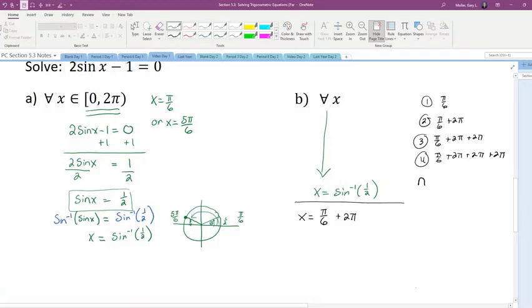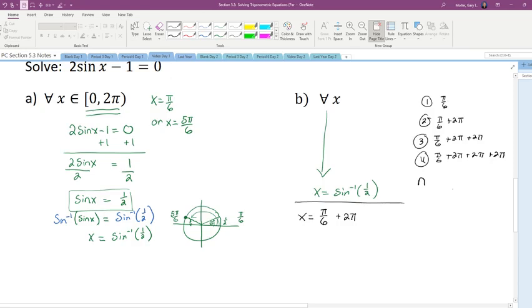So notice what we have here. We've got a little pattern forming. We went around, we got to pi over 6. For my second answer, I added a 2 pi. For my third answer, I added another 2 pi. For my fourth answer, I added another 2 pi. So here's what I'm going to write.